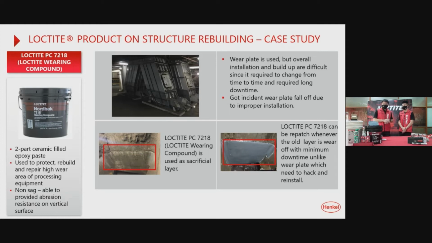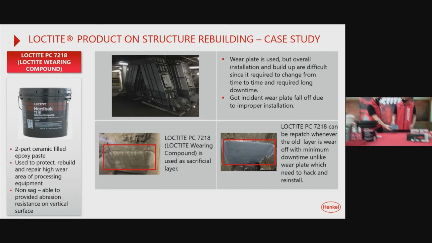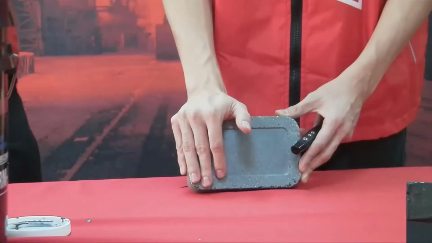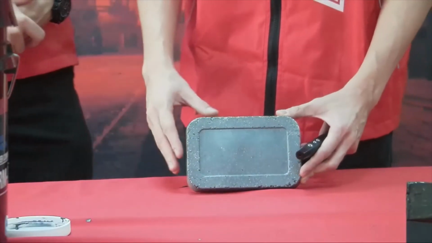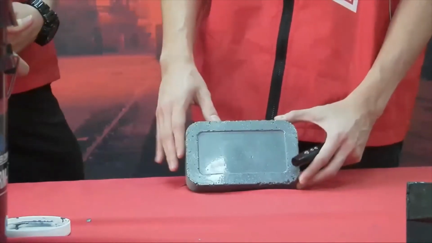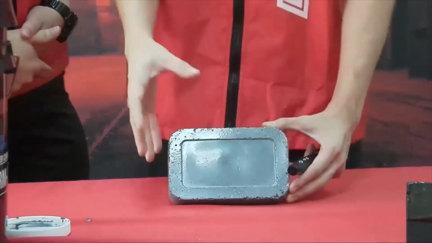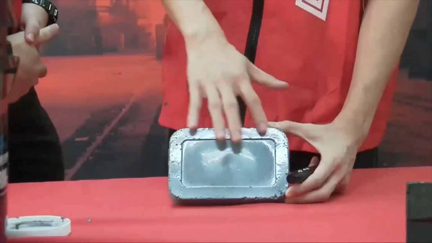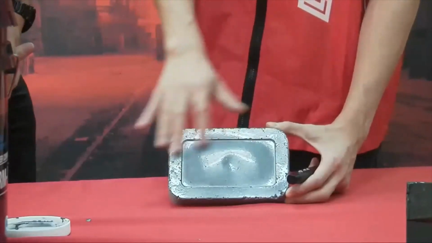All right. So Kim also already prepared a sample for us. You can see on the right side here. Okay, Kim. So actually, this is a pure wearing compound. Can you notice the small white bits here? I don't know if the camera is able to catch it or not, but if you look properly, they actually have small white ceramic bits around.